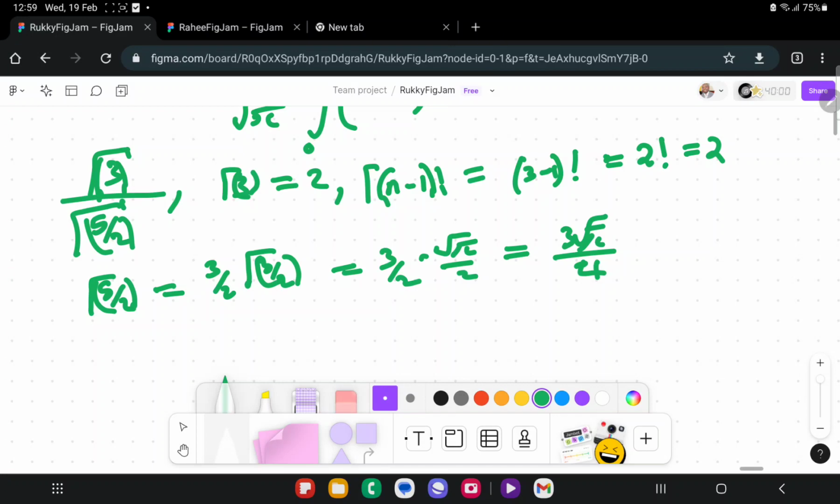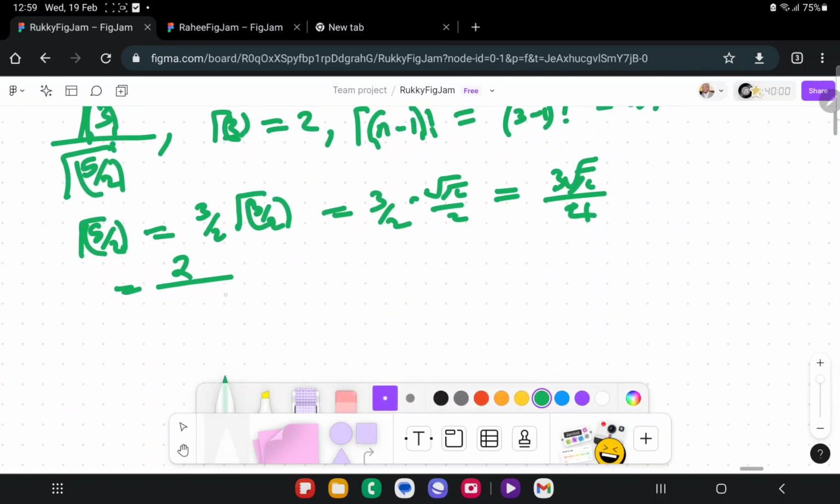Trying to simplify this, we now have 2 all over 3 times the square root of pi over 4. Simplifying now, we have 8 all over 3 times the square root of pi.